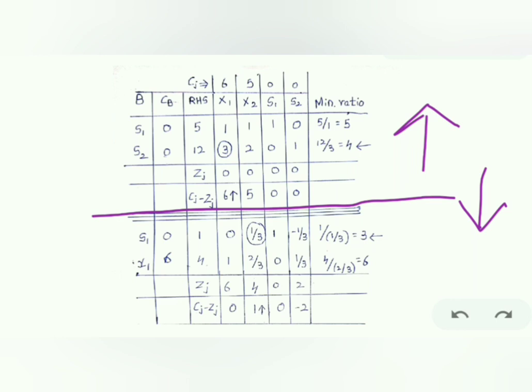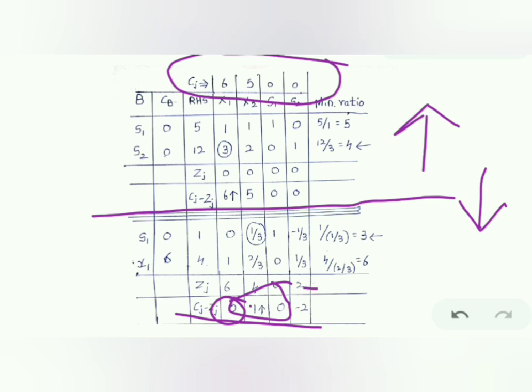Now Cj minus Zj is going to indicate whether the simplex table is giving the optimal value or not. Let us check it. Cj, we know it is going to remain same. 6 minus 6, 0. 5 minus 4, 1. Then 0 minus 0, 0.